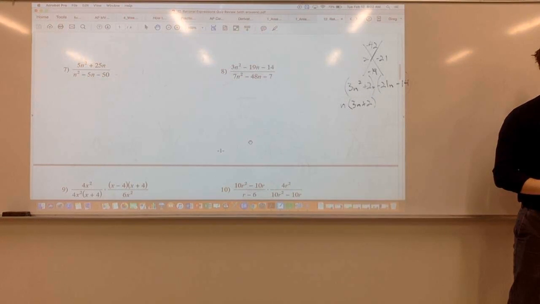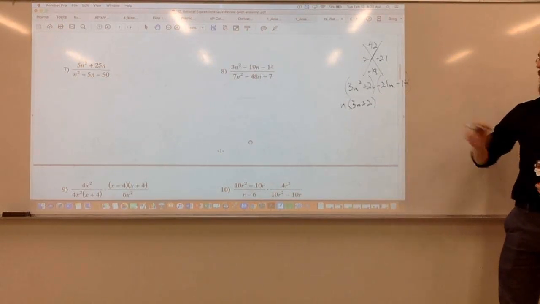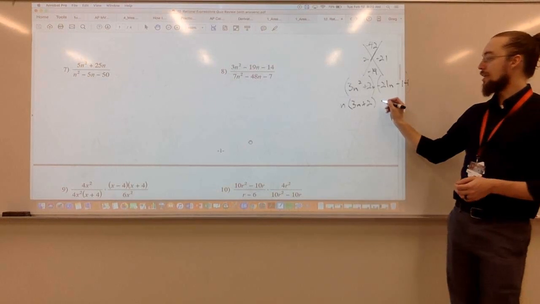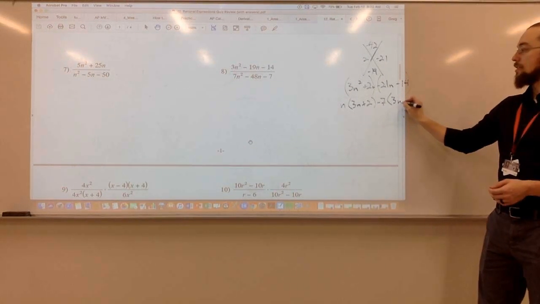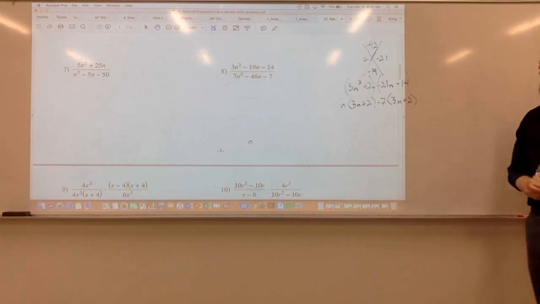How about in this second pair, what can I take out of both of them? Seth, what do you think? I think in both of these I can take out a negative 7. So I'd be left with 3n plus 2.